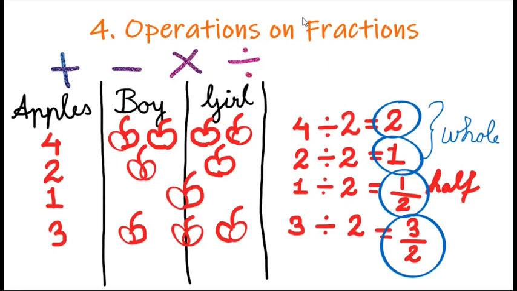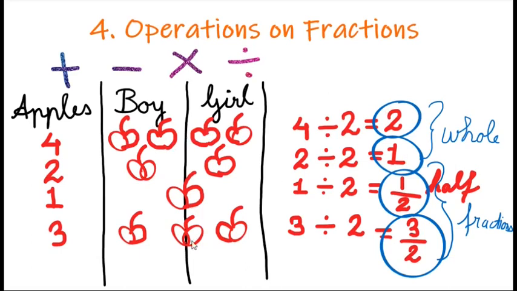Such numbers in this form are called fractions. Did you understand what are fractions? Yes, the numbers which are in numerator and denominator form are called fractions. And here they are called whole numbers because they got complete apples.